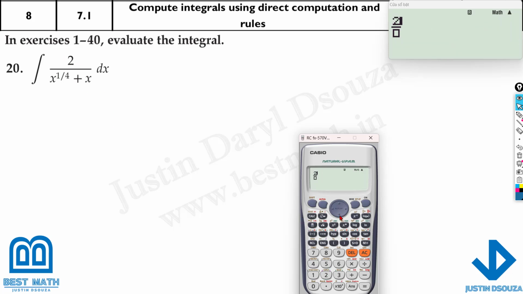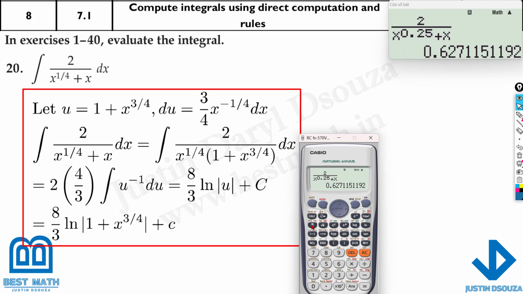Here it is 2 divided by x power, I'll write it as 0.25. 0.25 is 1/4, and then plus x, and calculate it at 2, and we get 0.627. Now looking at the answers, all the 4 options must be there, and now we need to solve this, and we need to get 0.627.